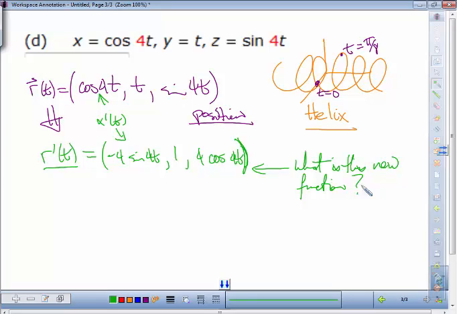Well, I think that'll give us that part as a direction vector. But more specifically, you know that in physics, if you have a position and you take the derivative of position, what do you get? You get velocity. So in fact, what you get here is a velocity vector.